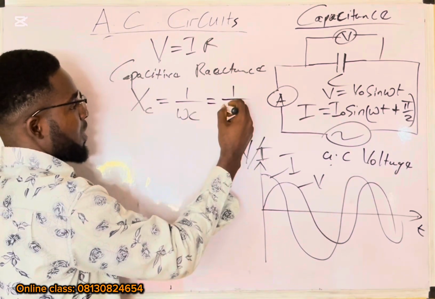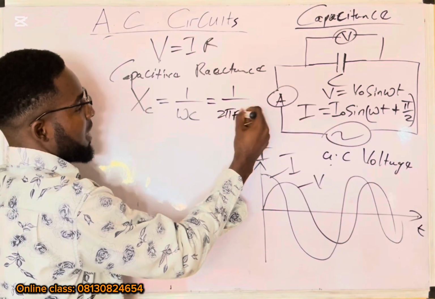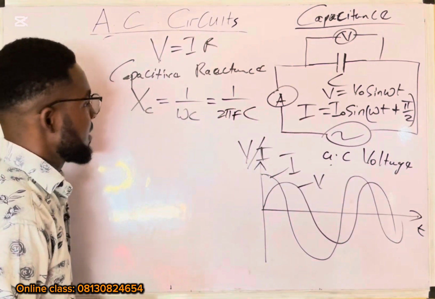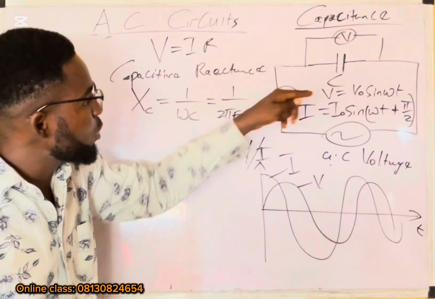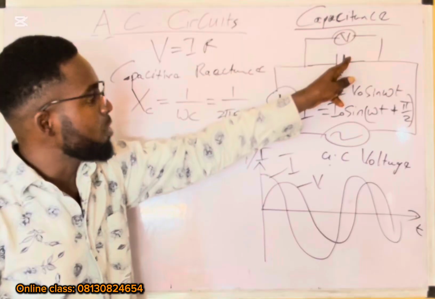This is the same thing as 1 over 2 pi f C. The capacitive reactance is the opposition to the flow of current by the capacitor.